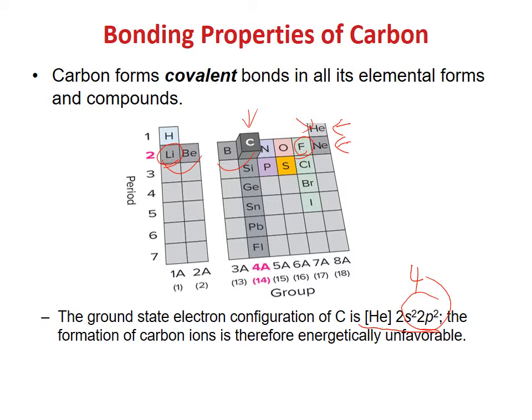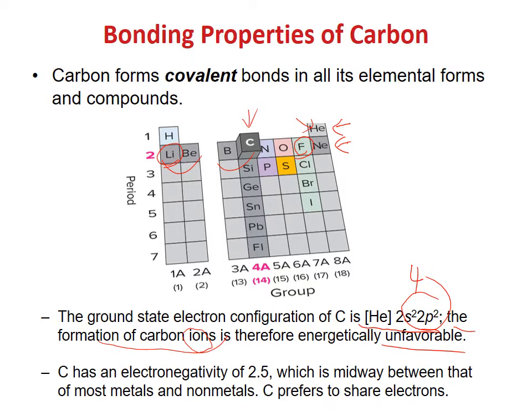So for carbon, forming either a cation or an anion is not favorable, and the formation of carbon ions is therefore energetically unfavorable. Instead, it prefers to share electrons to form covalent bonds.